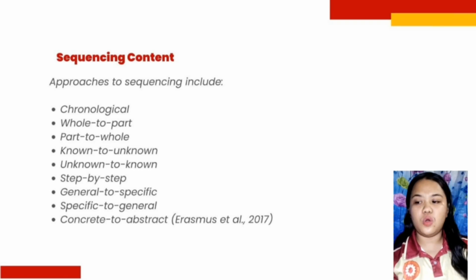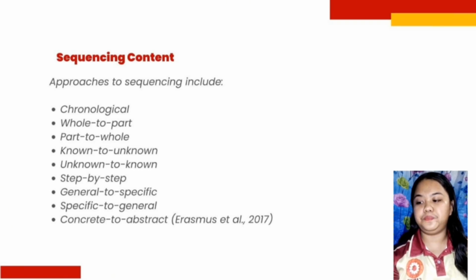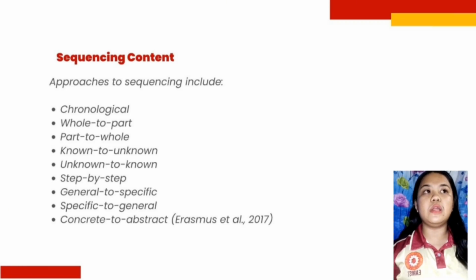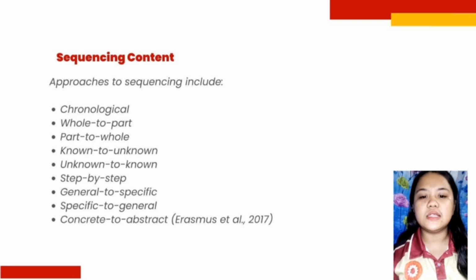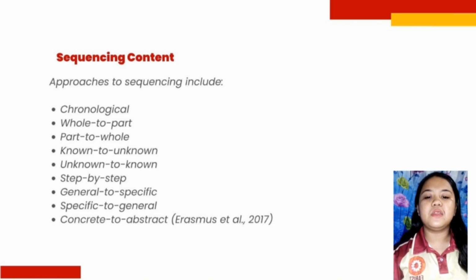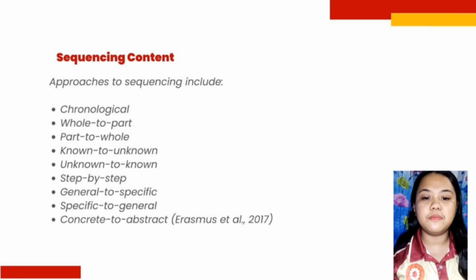So, unknown to known. You need to familiarize or you need to know the ideas of others to elaborate your knowledge. Then, six is step by step. In this part is teaching content in a gradual, progressive sequence.